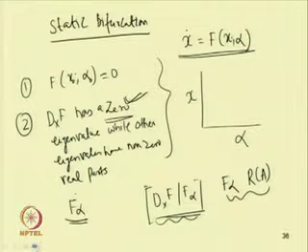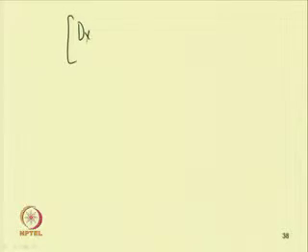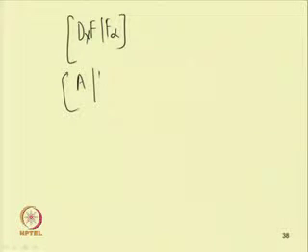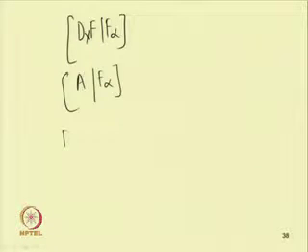Now let us construct the matrix d_x f and f_alpha. d_x f is nothing but our A. Here f equal to mu minus x squared, and alpha is nothing but our mu.